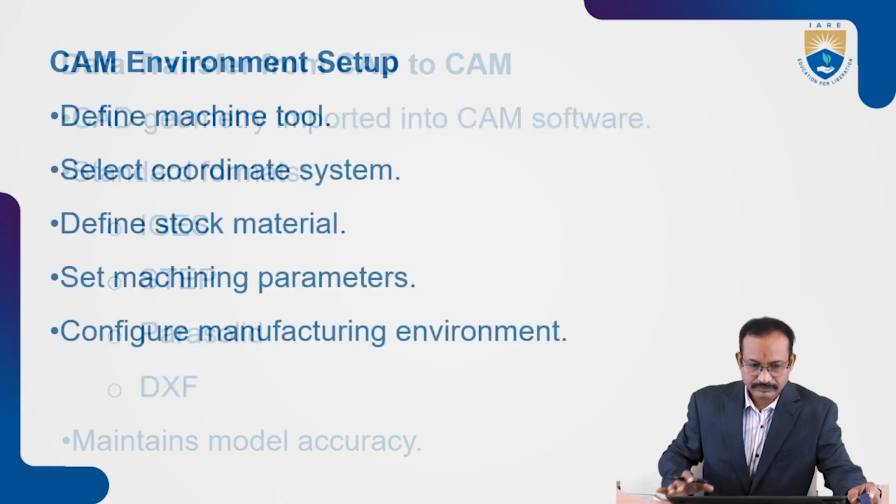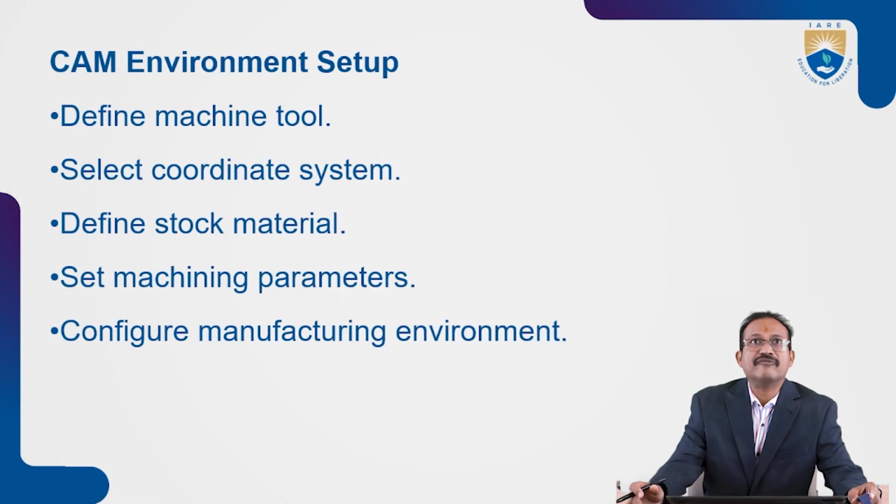CAM environment setup. Define machine tool. Select coordinate system. Define stock material. Set machining parameters. Configure manufacturing environment. So CAM environment setup includes machine tool, coordinate system, stock material, machining parameters, and manufacturing environment.